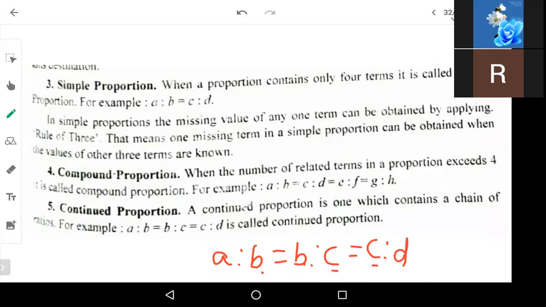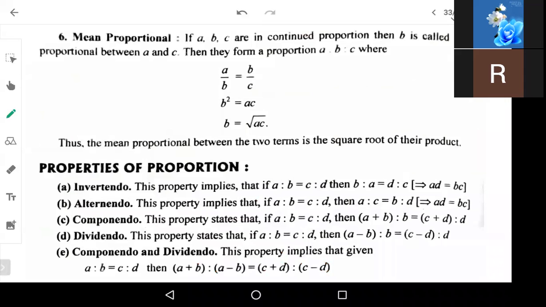B and B are same. This is called continued proportion, where one term is repeated and continued from one ratio to another where it forms a proportion. So this is called continued proportion. Understood? Any doubts until that?